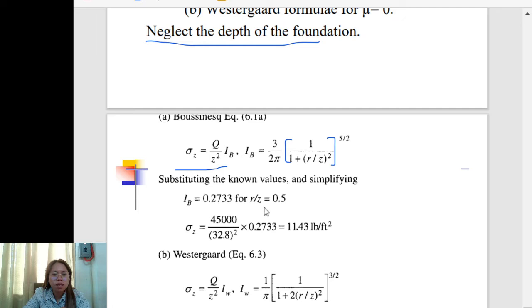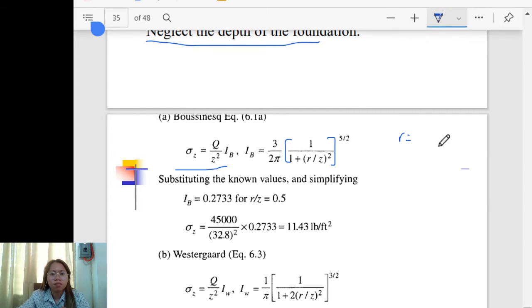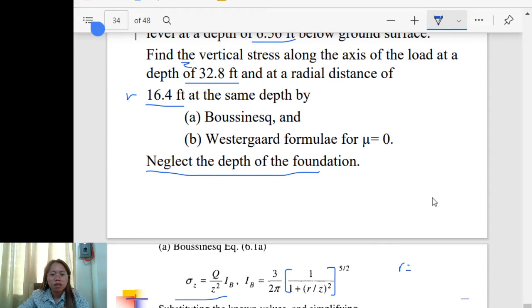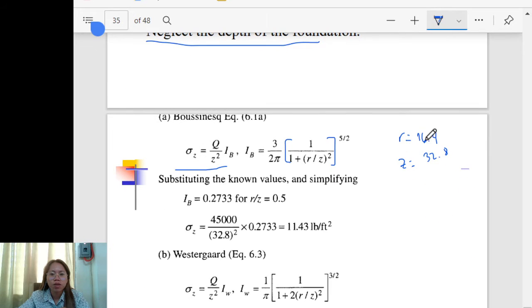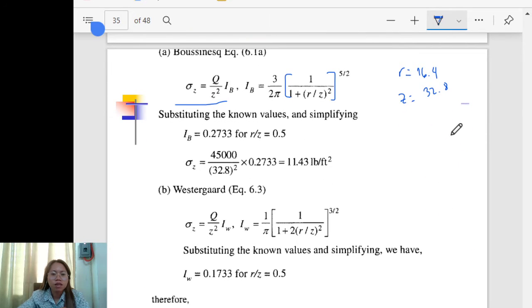Yes. So your R is equal to 16.4. And your Z is equal to 32.8 feet. So that R over Z is, I think, 0.5, no? Your R over Z is 0.5.